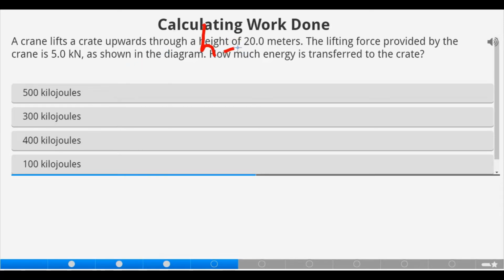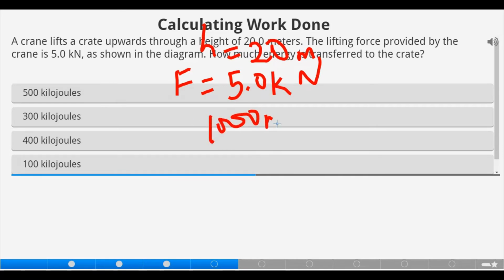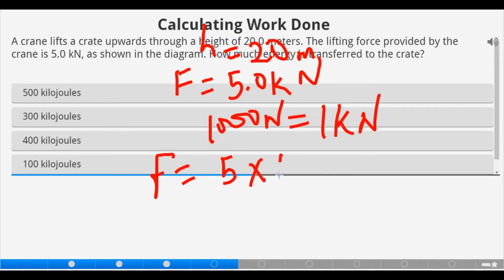h is 20 meters. Force is 5.0 kilonewtons. Don't forget that 1000 newtons is equal to 1 kilonewton. So the force is 5 times 1000 newtons, and that is 5000 newtons.